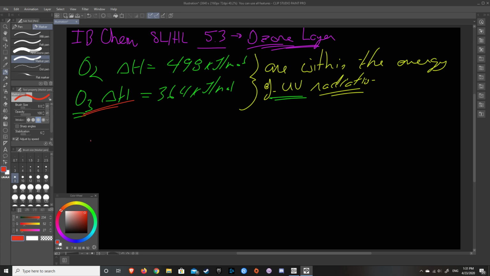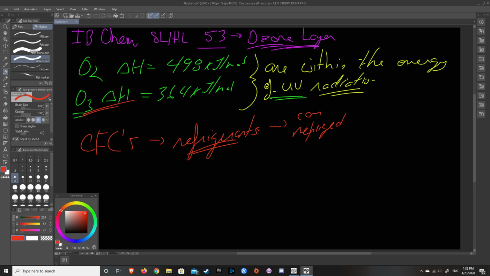We were making these chemicals called CFCs that were refrigerants. They had the properties that we needed for refrigerants. We use them in our cars, in refrigerators, and as aerosols.